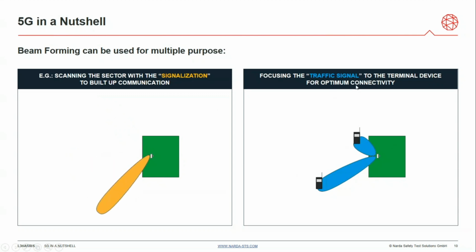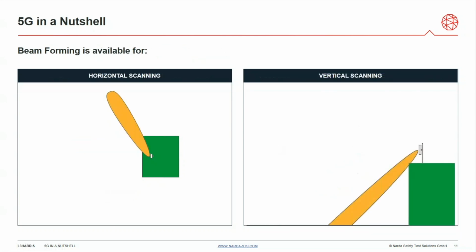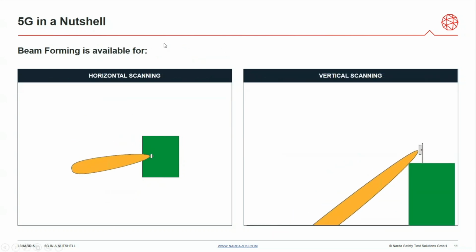At the same time, you can have fixed traffic signal on the right hand. So the blue beams show the user equipment with the uplink and downlink, get the optimum connectivity.